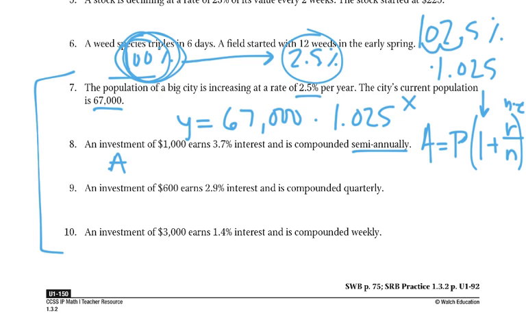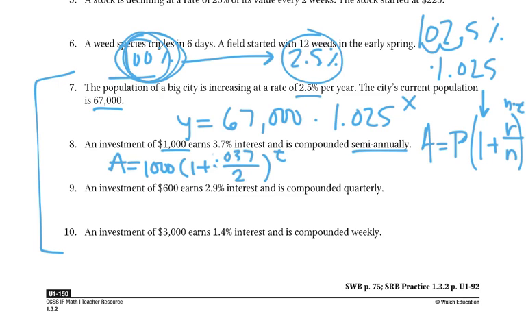So A would equal our principal 1,000 times 1 plus 3.7 over semi-annual. 3.7, we need to turn that into a percent, 0.037, over n, which n would be 2, to the t. Okay, t would stand for time.